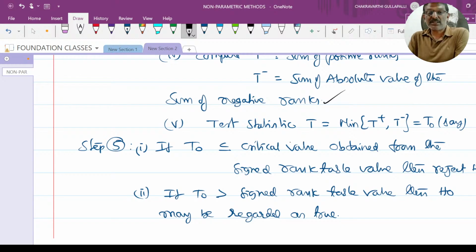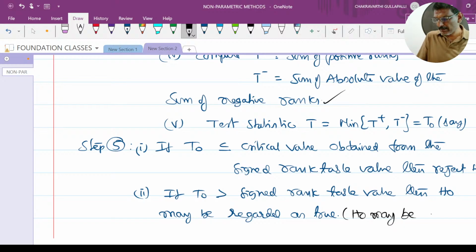But in this case, if the T calculated value is less than or equal to the signed rank table value, we reject H naught. It is the reverse case compared to parametric. If T naught is greater than the signed rank table value, then H naught may be regarded as true, that is, H naught may be accepted.